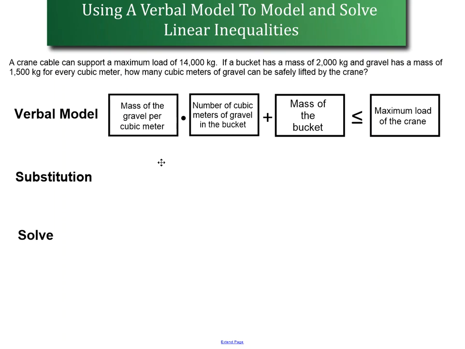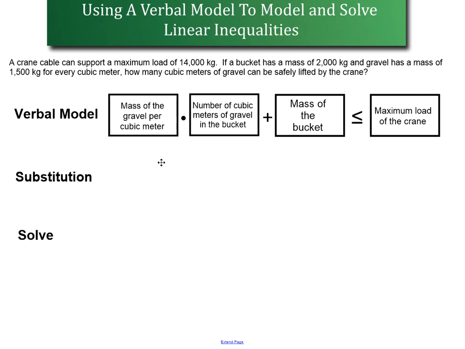So how do I know it's less than or equal to and not less than? Well, a maximum load implies that you can have 14,000 kilograms inside of this crane. It's not going to be terrific to have exactly 14,000, but there's nothing that tells me that it can't be equal to. So a maximum load, that phrase implies less than or equal to, not less than. Even though logic says, do I want to put 14,000 kilograms inside of this crane bucket?